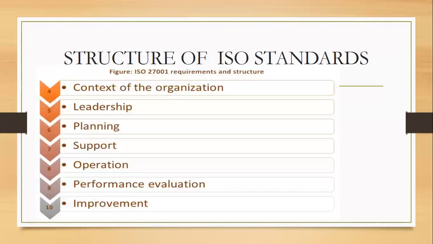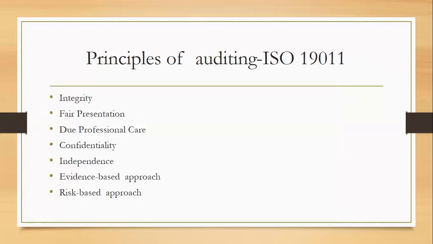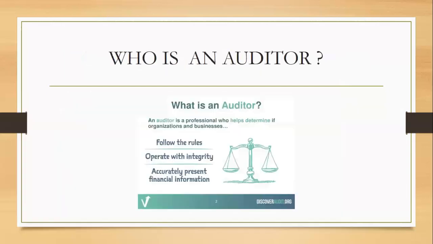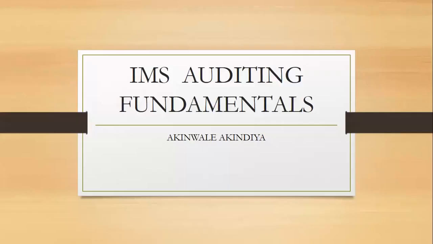Clause 4 is virtually the same, 5 is virtually the same, 6, 7, 9, 10. The major difference is actually clause 8. So you need to look at what those standards specifically require, especially for clause 8, for you to be able to audit the specifics.